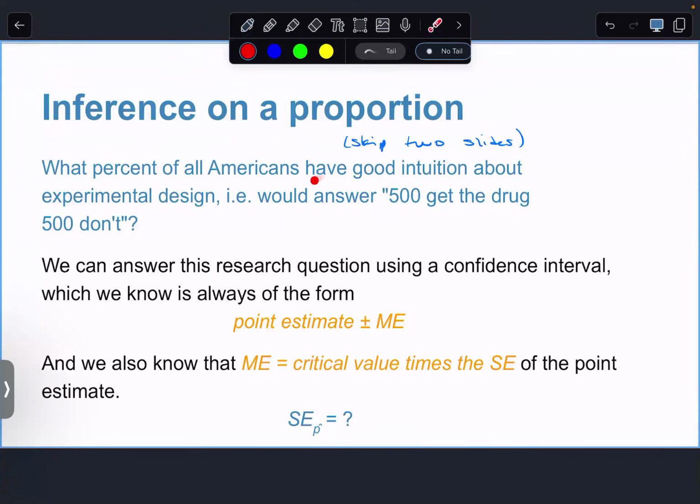Because here it doesn't say calculate a confidence interval, so we can talk about this, but whenever I get you to do a confidence interval, it'll say construct a 90% confidence interval for the proportion of Americans who have good intuition about experimental design, something like that.